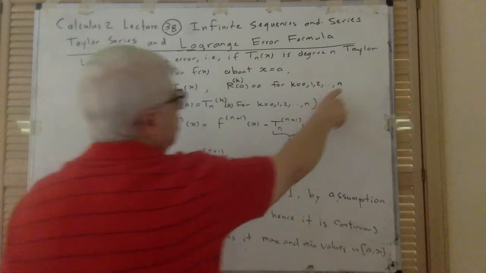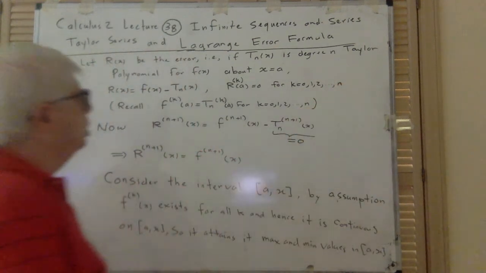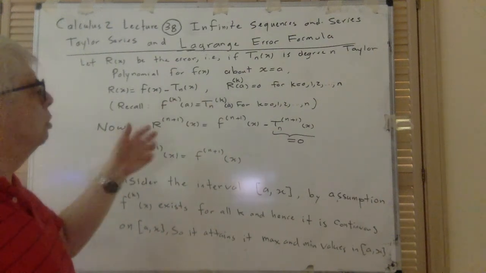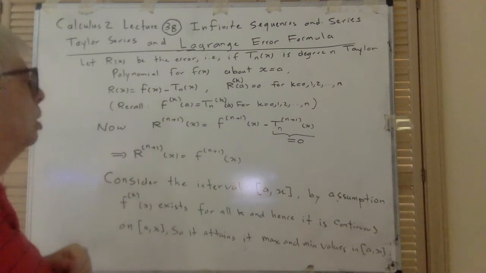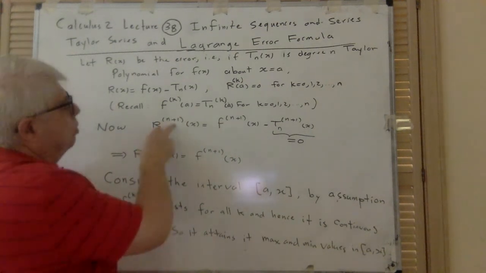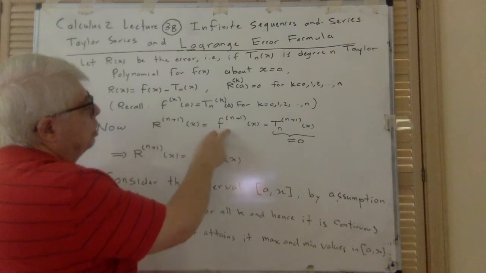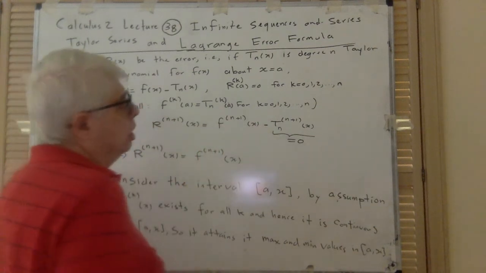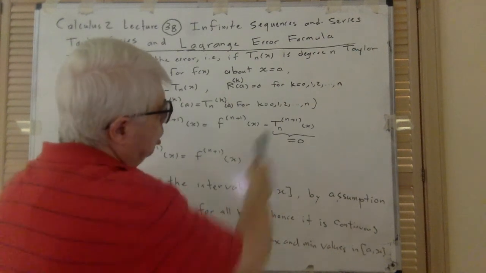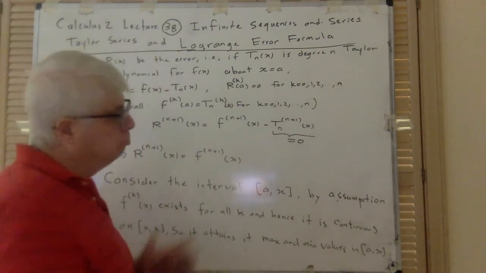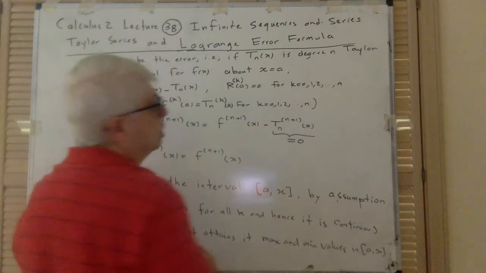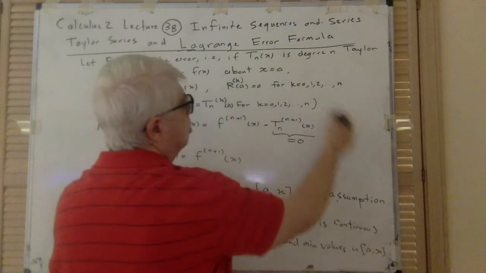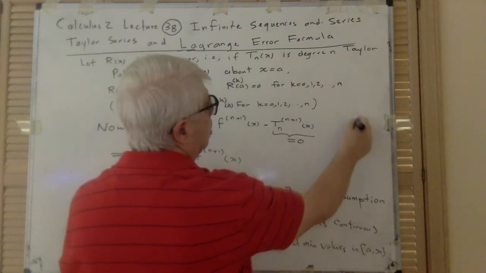Now what happens after that? This T_n(x) is a polynomial. Well, I can find another derivative because everything is nice and differentiable. So the n plus first derivative of R is the n plus first derivative of f minus the n plus first derivative of this polynomial. But this polynomial has degree n. The highest term in T_n is x^n, right?